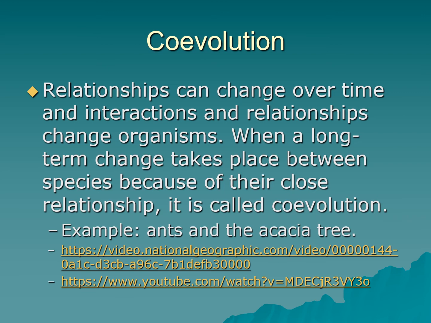One of those is some very specific acacia ants and the acacia tree. And I'm going to give you these links separately here in a minute. And I want you to take a look at these two videos. It kind of illustrates this coevolutionary relationship between these two organisms. It's kind of cool.